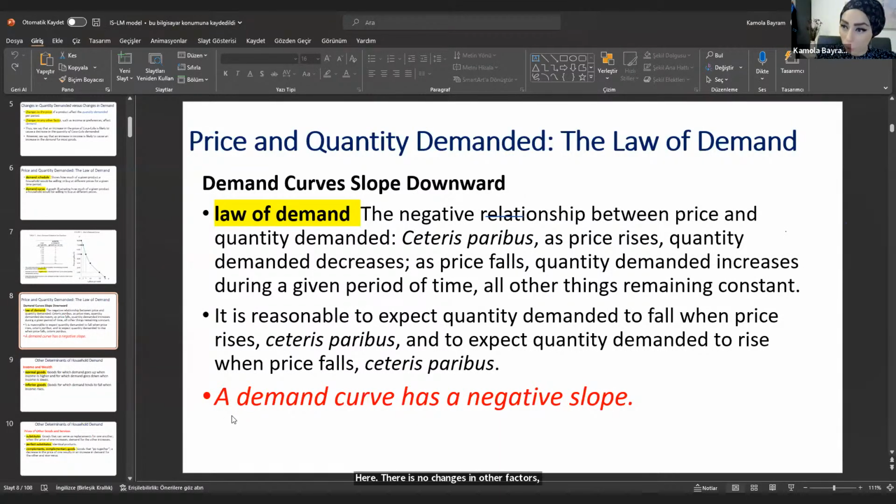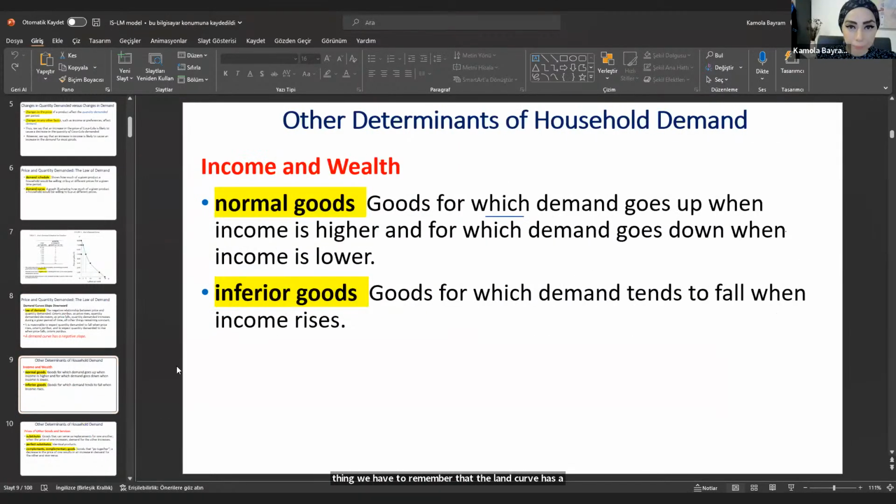So one more thing we have to remember is that the demand curve has a negative slope, for which we have explained the reason, right? Well, other determinants of household demand. Now, we are coming to an interesting part. Not only price will be influencing the amount you are going to demand for the good. So we have also another factor, which is income and wealth.